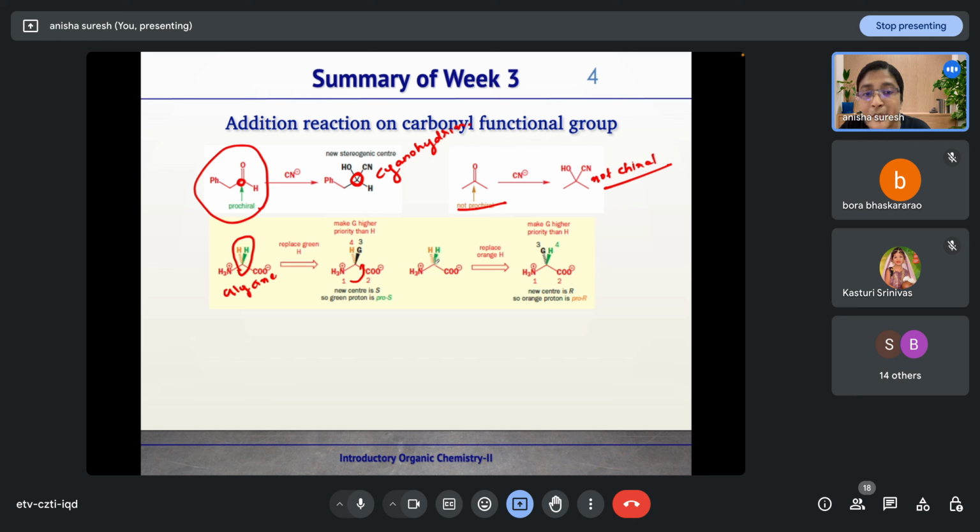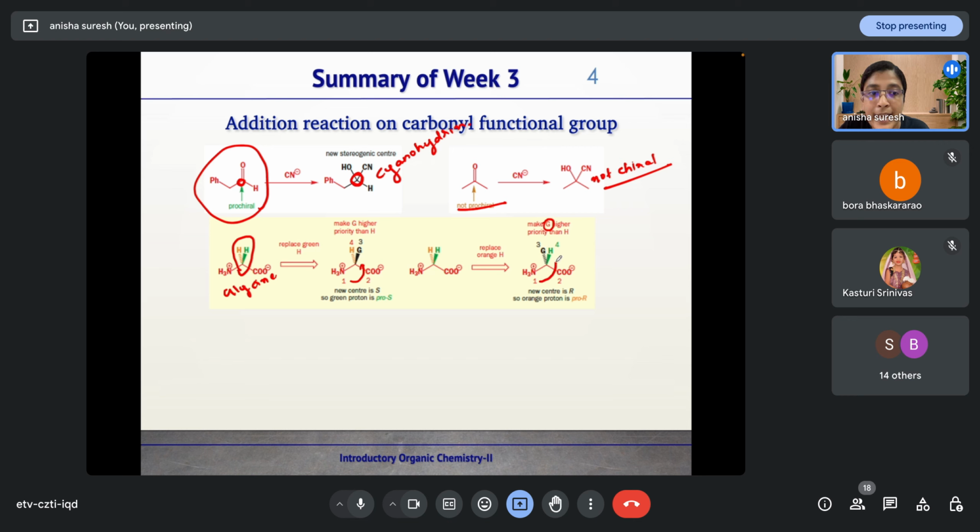Then if we are trying to replace the orange hydrogen here with a group G that is having higher priority than hydrogen, and give numbering according to the priority, NH3 plus will be 1, COO minus will be 2, G will be 3, and hydrogen will be 4.